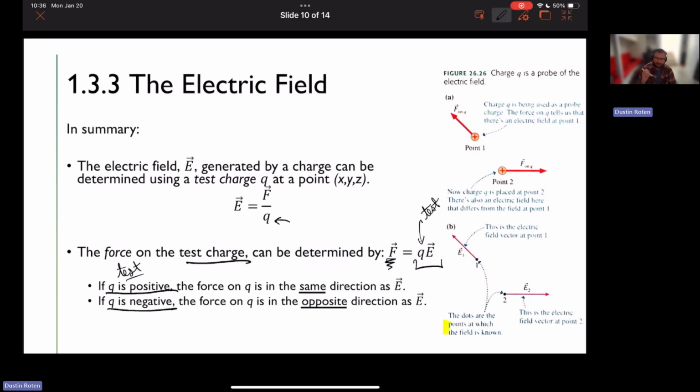Okay, and over here is just a quick visualization. So essentially, if you have some sort of electric field, you can use point 1 or point 2 as probes. If you want the forces, then you can calculate forces, right? Because if you want these forces, then you have to know what the charges are, because that's QE. Again, here we have another point, point 2. It's experiencing a force. That's going to be QE kind of thing.